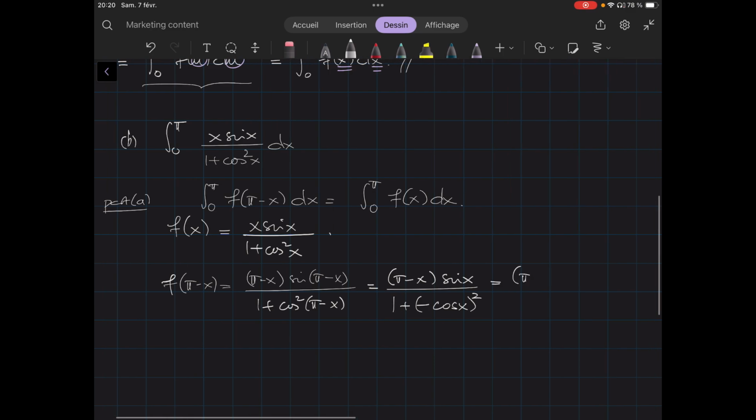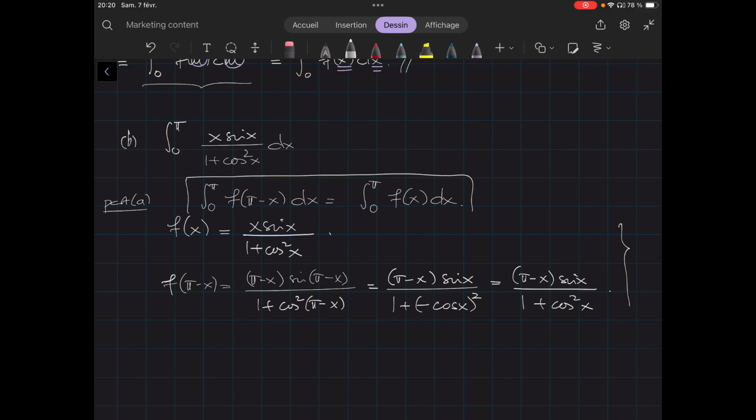So this will give you (pi minus x) sine of x divided by 1 plus cosine squared of x. Why do we do all of this calculation? That's because we can now use this result. This guy is intimidating on its own, but what if we let this equal I and then calculate?